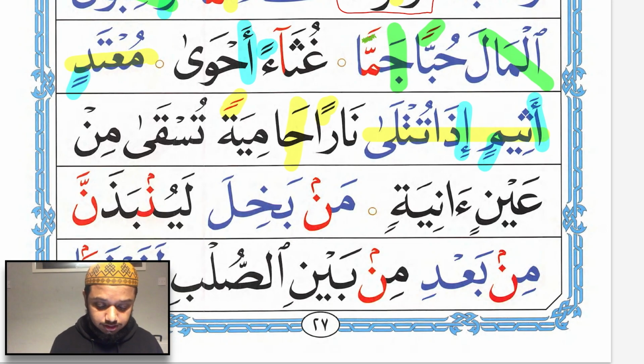Okay, we have tanween. So we must look at the next letter. Is the next letter one of these 6 idgham letters? Is it yarmalun? No, it's not. Is it one of these 6 throat letters? No, it's not. It's a ta. So if it's not one of these 6 idgham letters and it's not one of these 6 throat letters, that means we must hide the tanween. Is ta a full mouth letter?